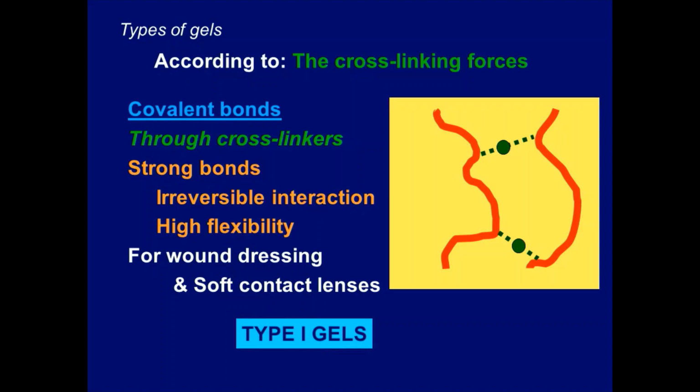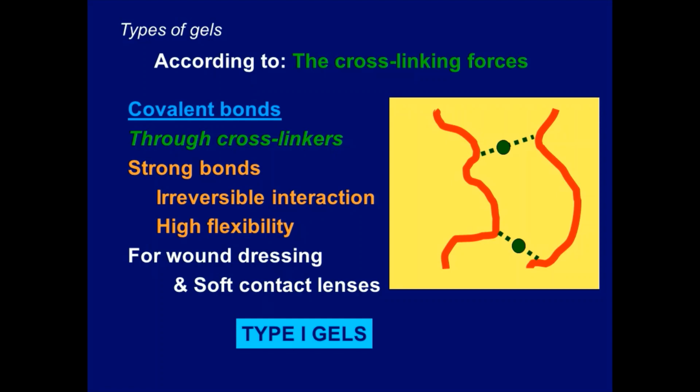This type of gels is called type 1 gels. So type 1 gels is a type of one-phase gel system where the molecules of the polymer are linked together with strong covalent bonds.